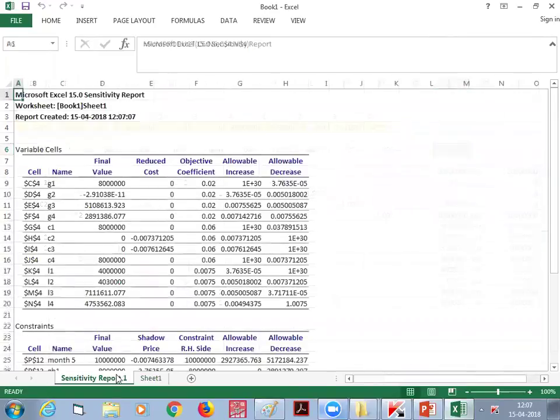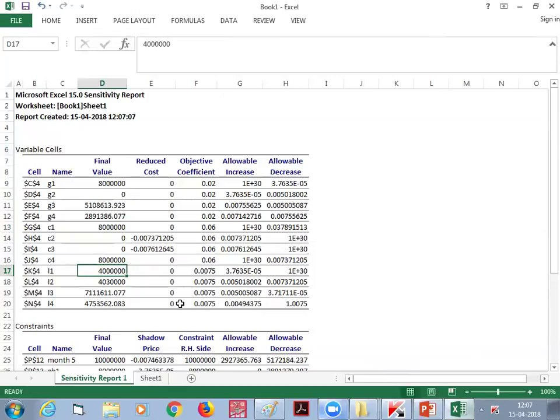So what is it? This is 0 basically. So what do we have? 8 million in government bonds in the first month, 8 million construction loan, and the remaining 4 million. 8 plus 8, 16 plus 4 million.